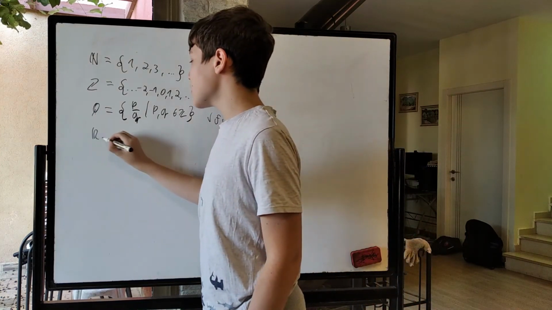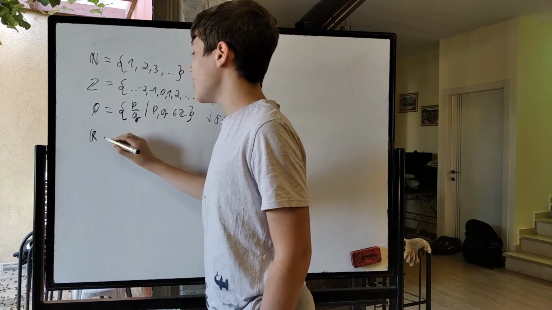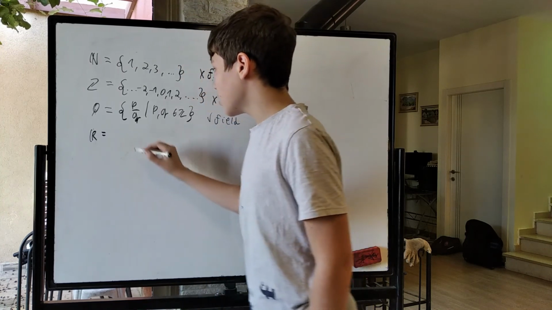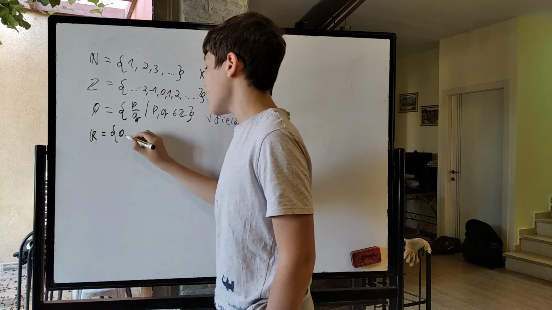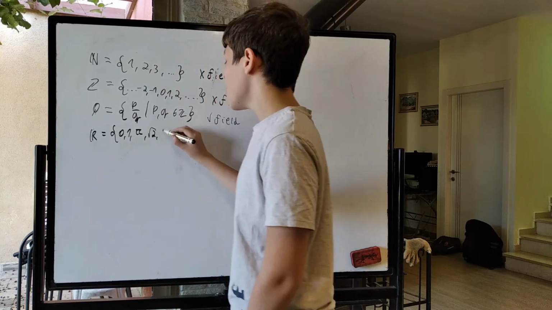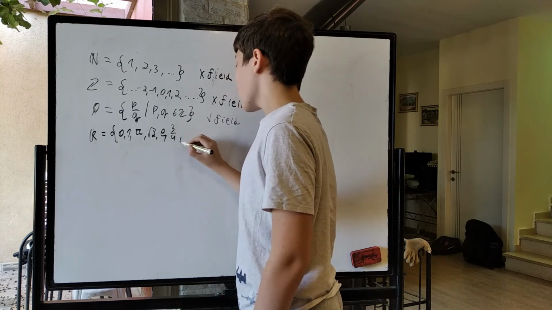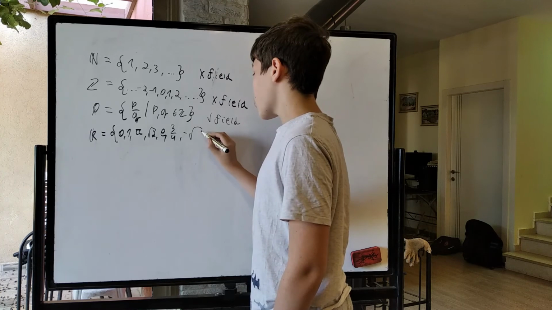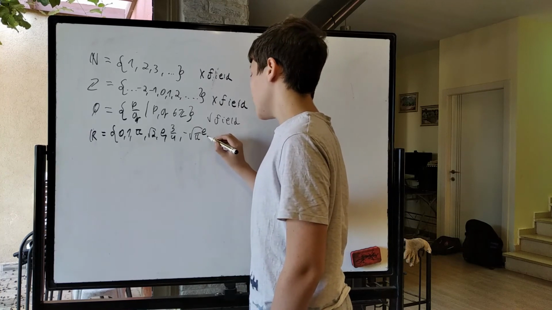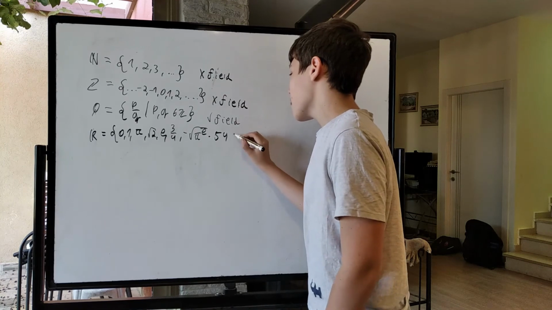Now, next step is the real numbers. So, stuff like 0, 1, pi, square root of 2, e, 3/4, negative square root of pi to the e times 54.